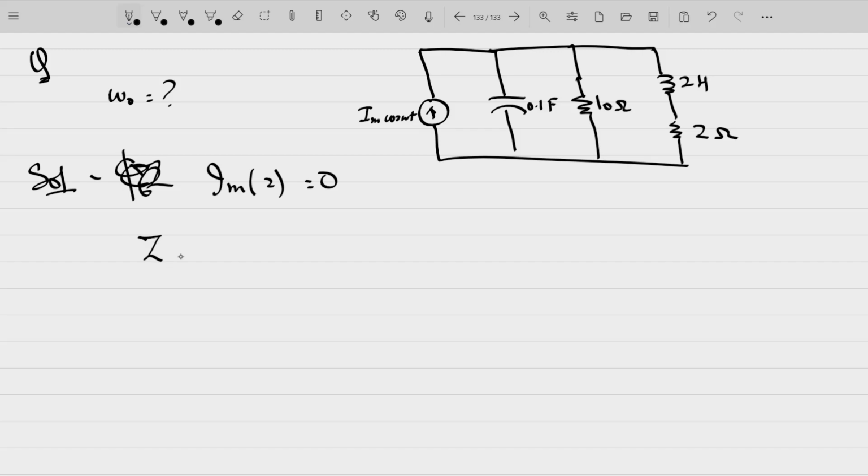So let us find out Z, or we can directly find out admittance in this case.